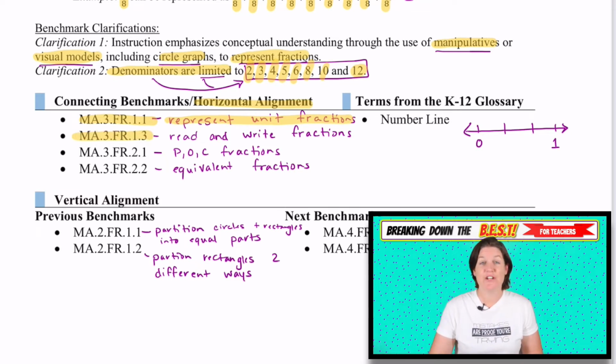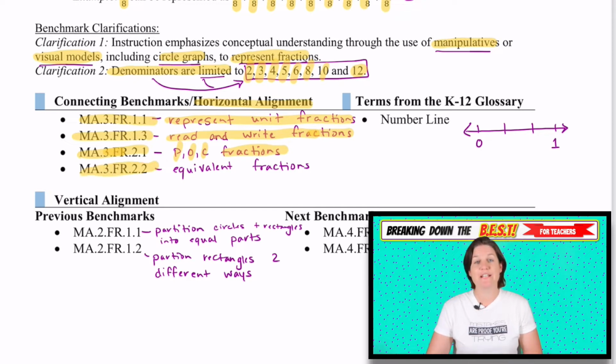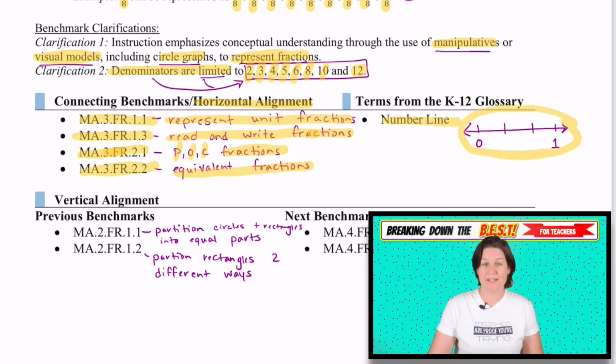In 3.FR.1.3, the focus is to read and write fractions properly. 3.FR.2.1 is all about plotting, ordering, and comparing fractions. And finally, 3.FR.2.2 is the equivalent fractions standard. We need to know the number line, and that looks like this. We do a lot of work on the number line with fractions.